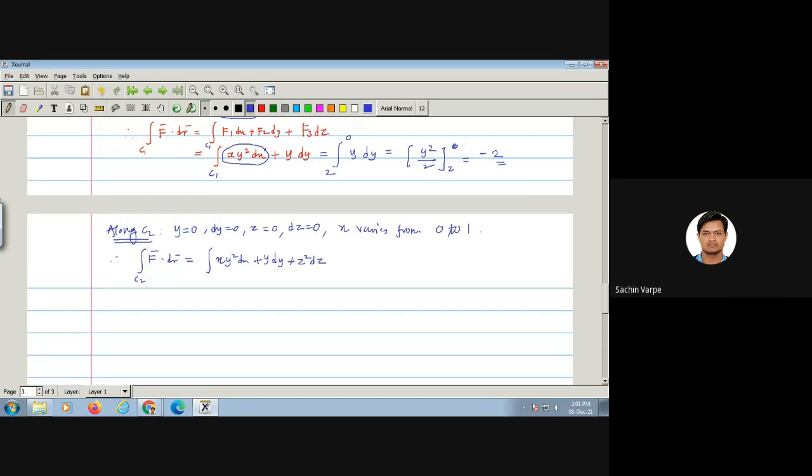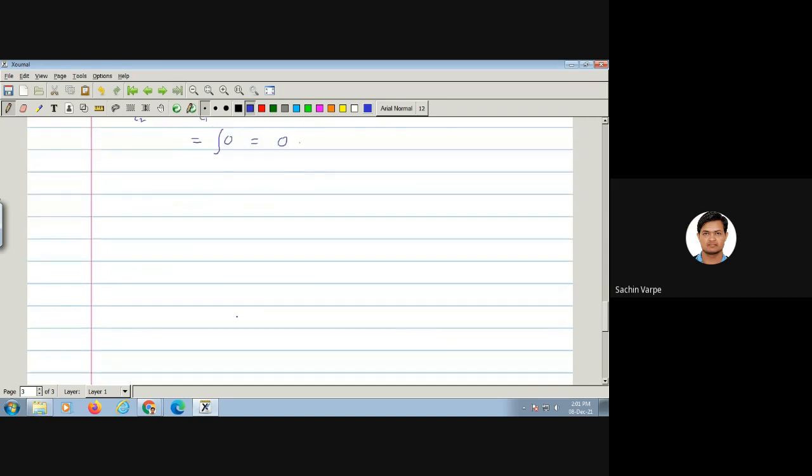As dx, dy and dz are 0, dy means this is 0, dz means this is 0, and y is 0 means the first term is also 0. So the integral along C2 will be 0. Is this clear? Yes, sir. So the integral along C2 is also 0.